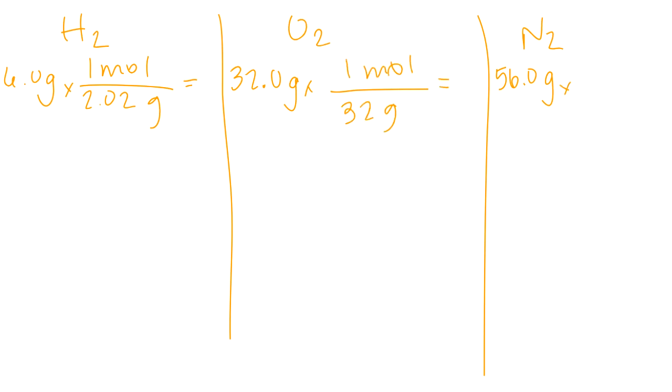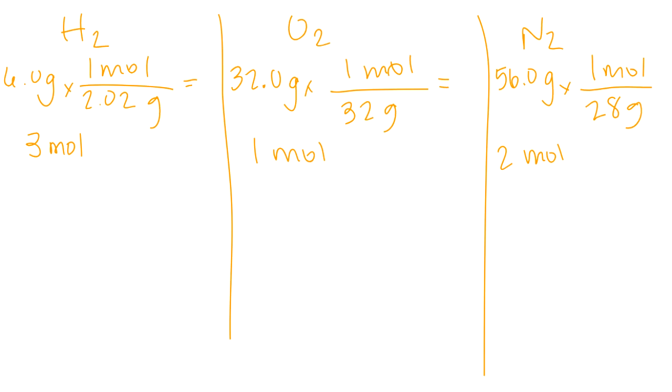And for nitrogen, we're looking at diatomic, which is going to have a molar mass of 28 grams per 1 mole. So 6 divided by 2 gives us roughly 3 moles of hydrogen. 32 divided by 32 gives us 1 mole of oxygen. And then 56 divided by 28 gives us 2 moles of nitrogen.